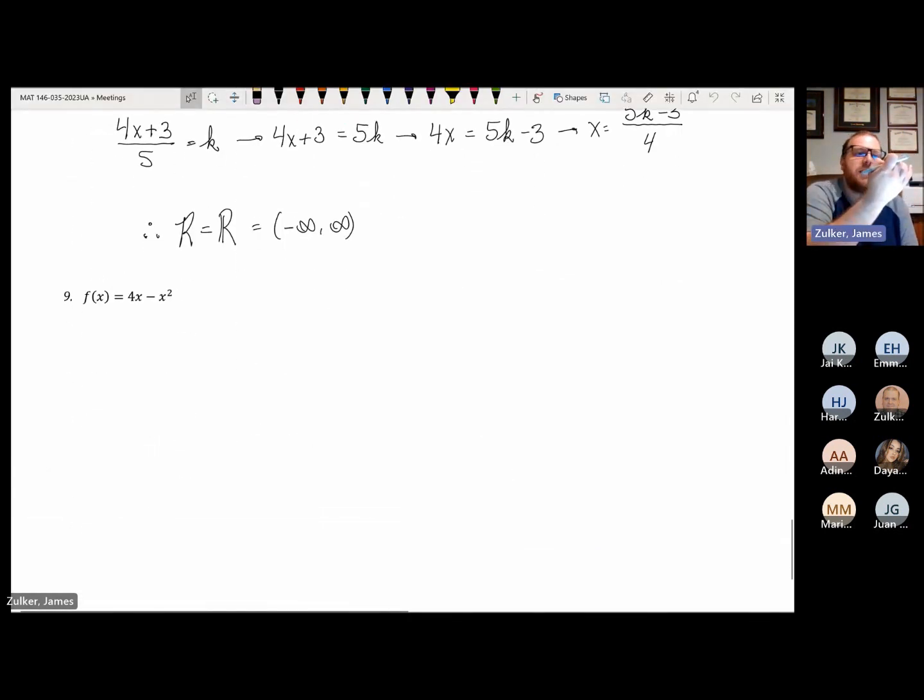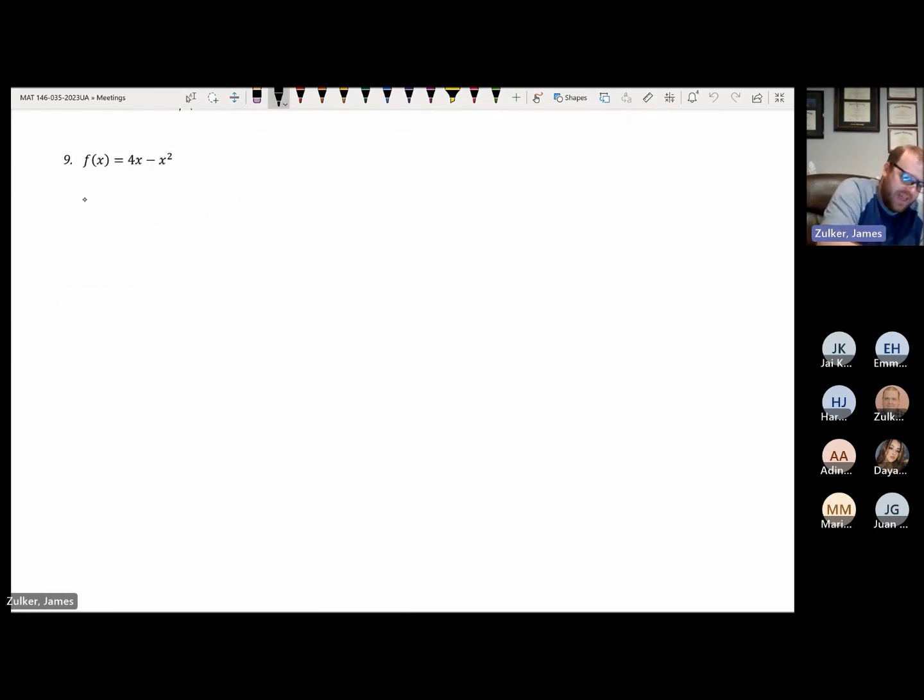All right. So what about 4x minus x squared? Again, we're going to let f of x be some arbitrary value k. That would mean that 4x minus x squared is equal to k. Solve for x. We get x squared minus 4x plus k is equal to 0. That means x, we have to use the quadratic formula here.